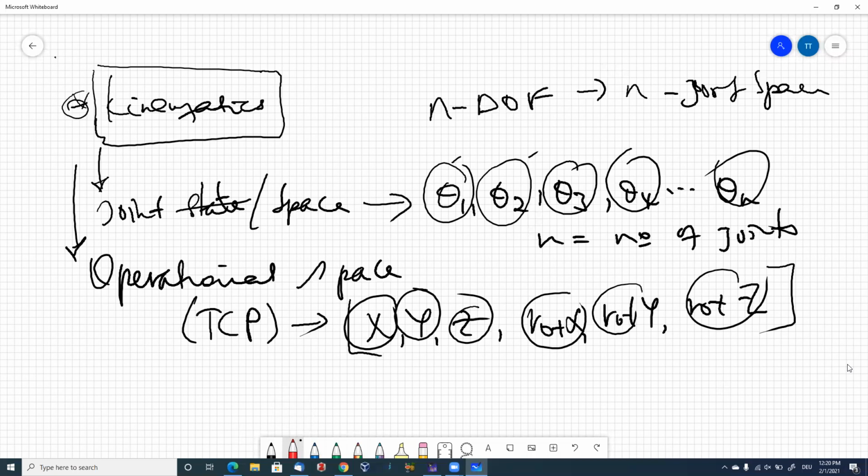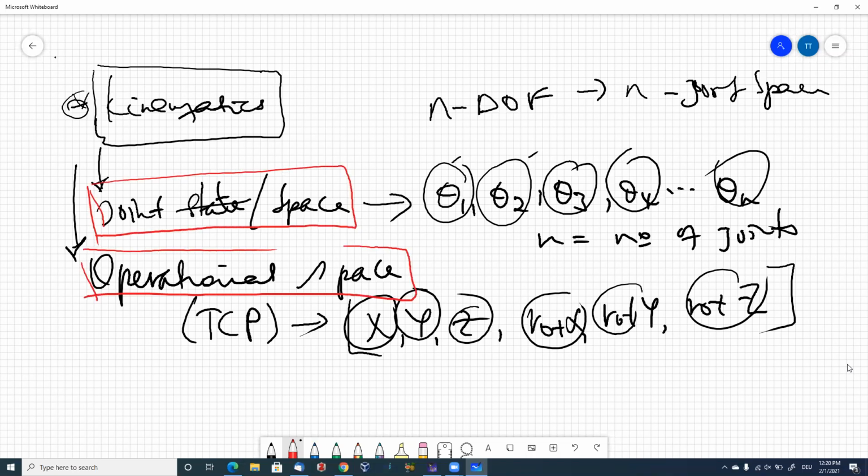One point is, when you talk about the joint space or the operational space, we can discuss it with respect to forward or inverse kinematics.